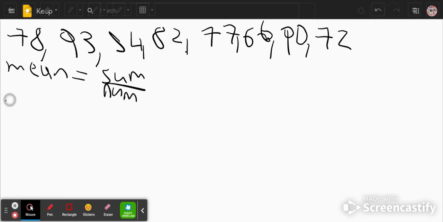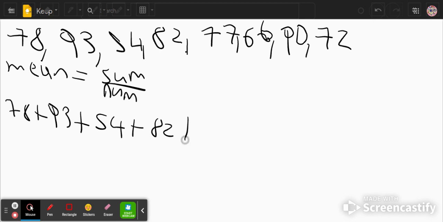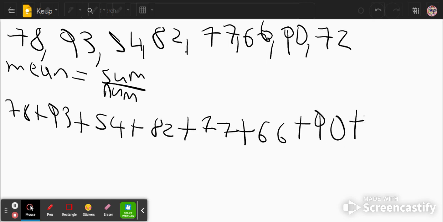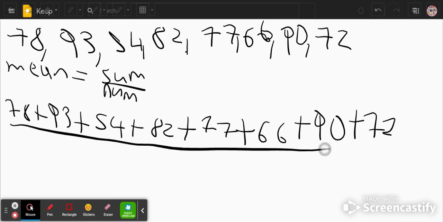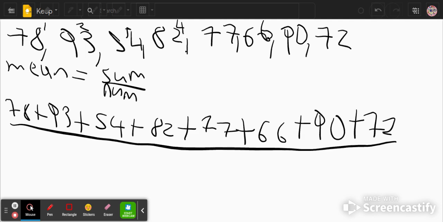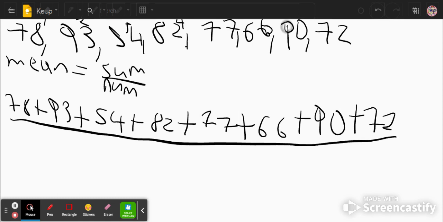So it would be the 78 plus the 93 plus the 54 plus the 82 plus the 77 plus the 66 plus the 90 plus the 72 divided by the total amount of exams that she did, which are 1, 2, 3, 4, 5, 6, 7, and 8.